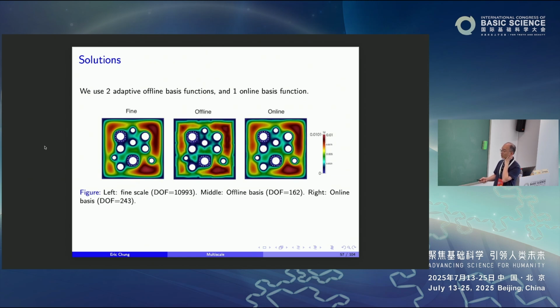And you see that this is what happened. The right-hand side is the solution that involves the new type of basis functions. And from here, you can see that some of the features can be captured by this new solution.